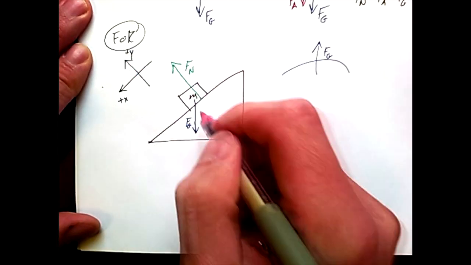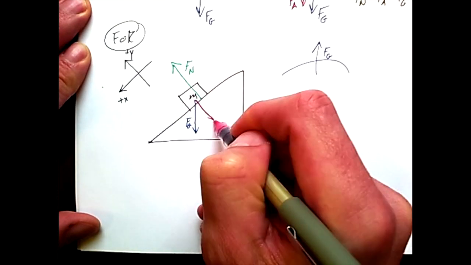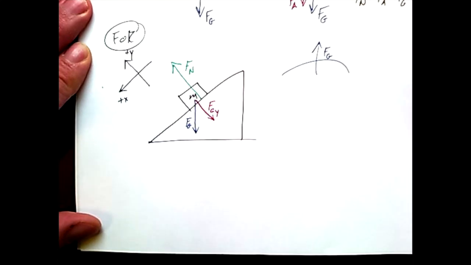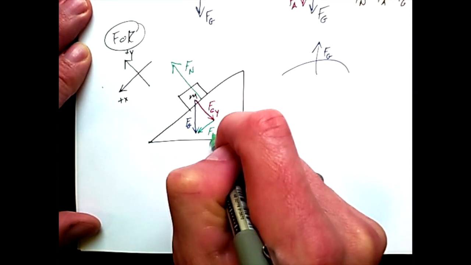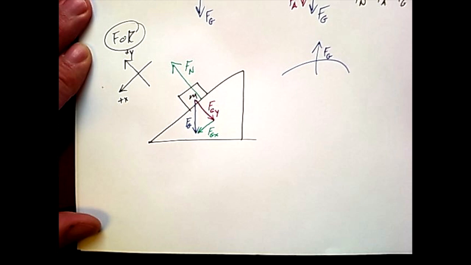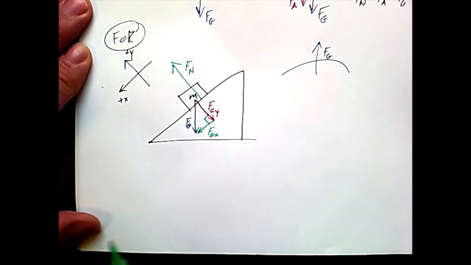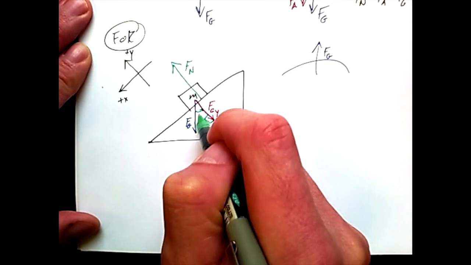And so what that means is that f of g is pointing this way in the negative y direction. So we would call this f of gy in the now called y direction. And then we would have f of gx, in the now called horizontal direction. We would see that these two things are perpendicular, and we would be able to resolve them based on an internal angle theta.